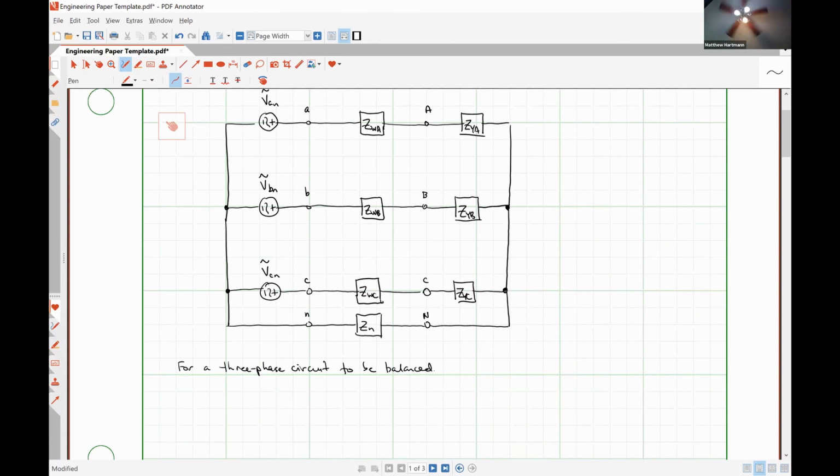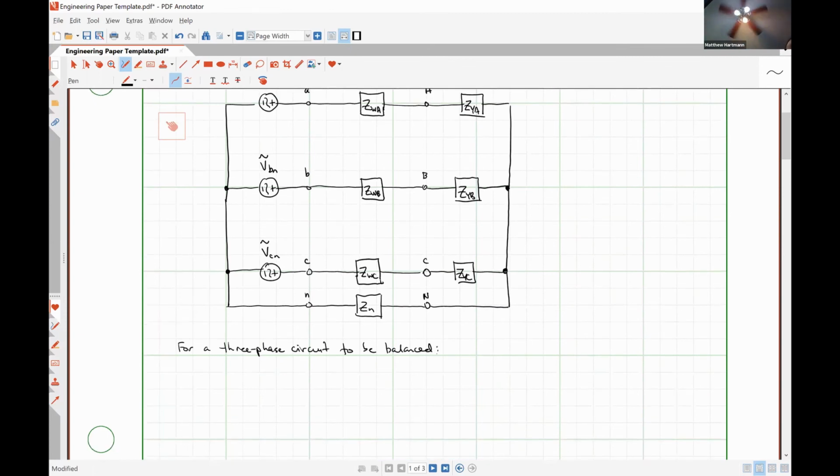So for a three-phase circuit to be balanced, all of the following criteria have to be true, okay? So the first criterion is the magnitude of the phase voltages at the source are equal.